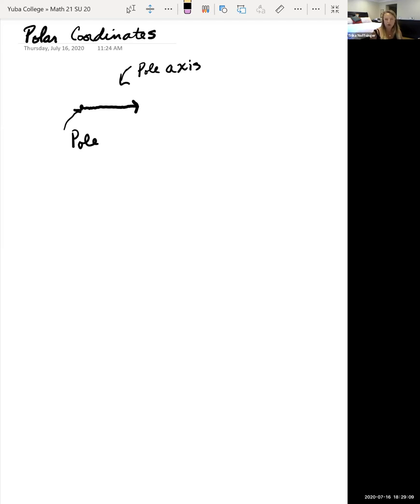So before, when we were plotting points, they were in the form of X, Y, right? And so when we're plotting points on the polar coordinates, they're in the form of r, theta.